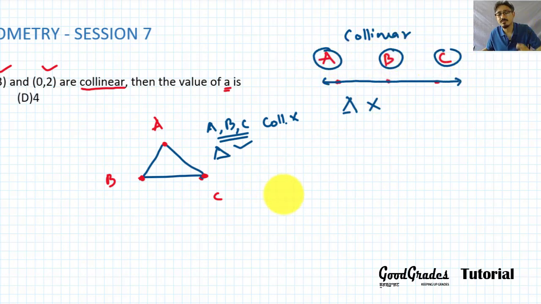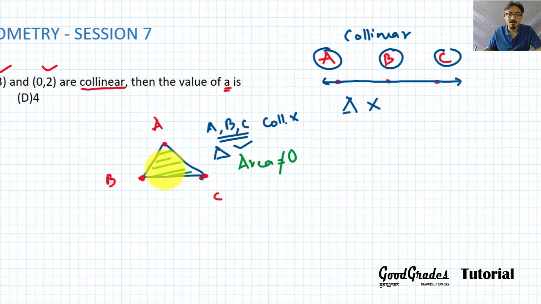How do we use this with the area of a triangle? If a triangle is formed, its area is not equal to 0.